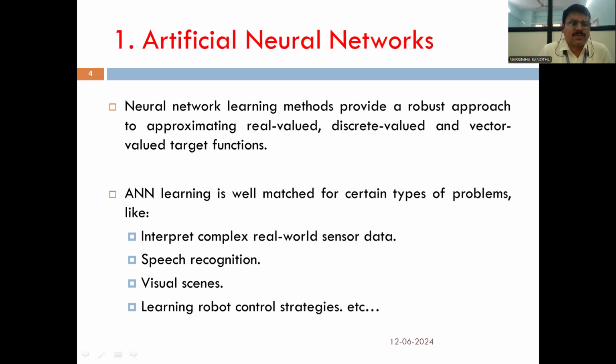Visual scenes are also the same. Visuals may not be captured exactly; if suppose 80% is captured, then we can identify that the image is correct, and the remaining 20% will be recovered by our artificial intelligence. Coming to the last one, learning robot control strategies.